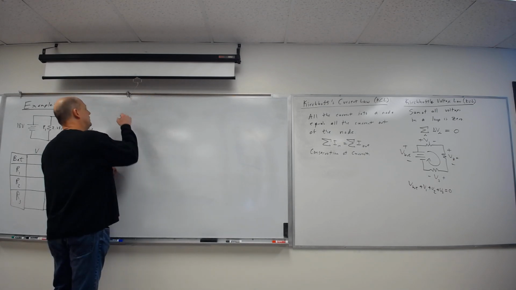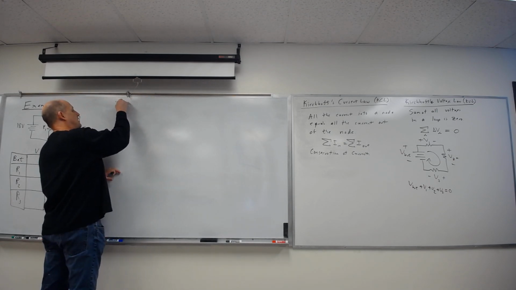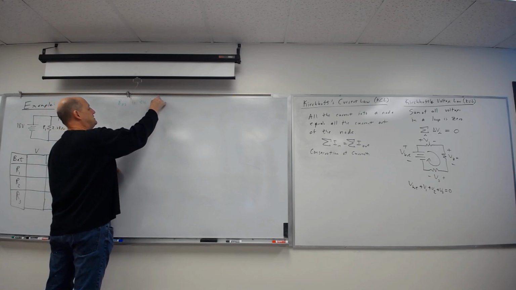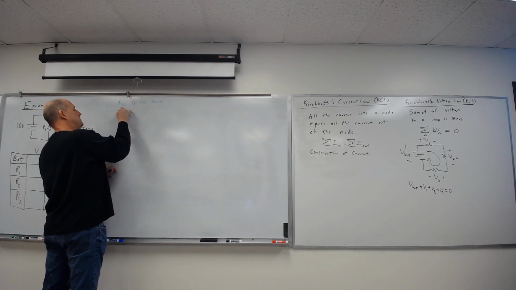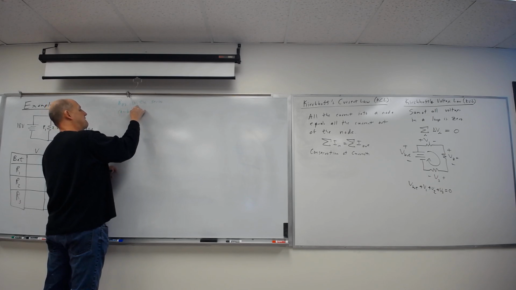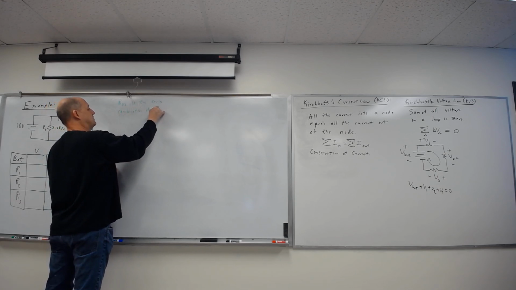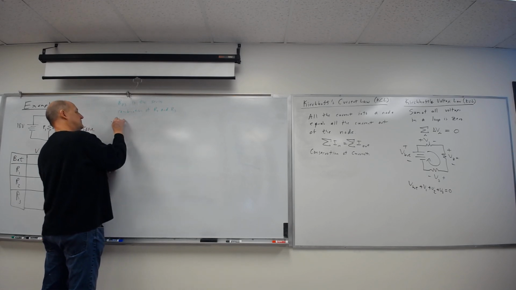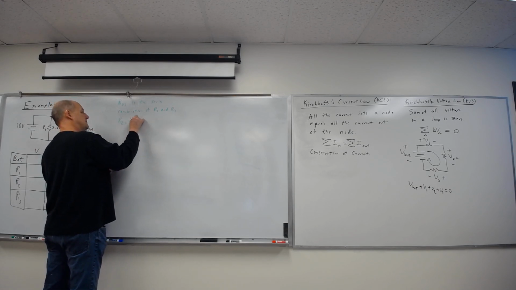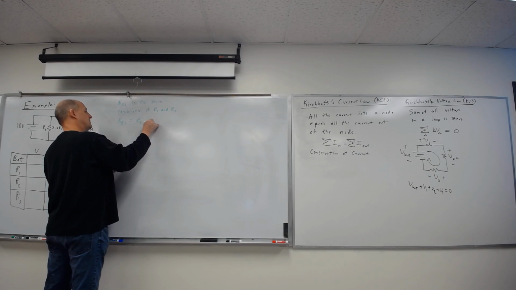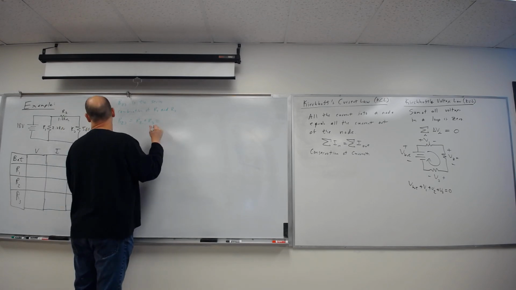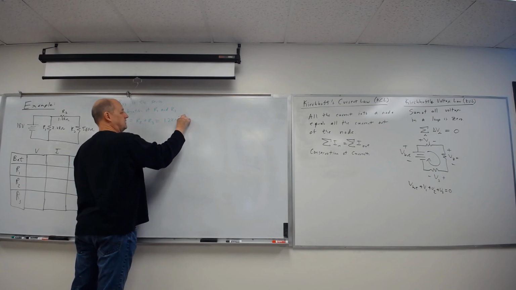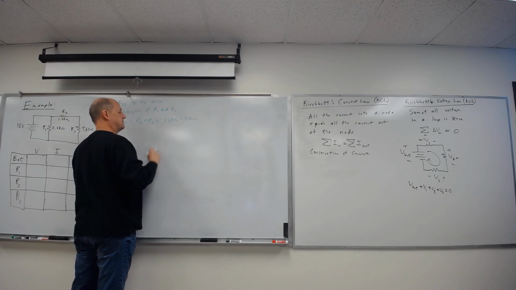So if I look, R23 is the series combination of R2 and R3, which is 1.2 kilo ohms and 560 ohms.